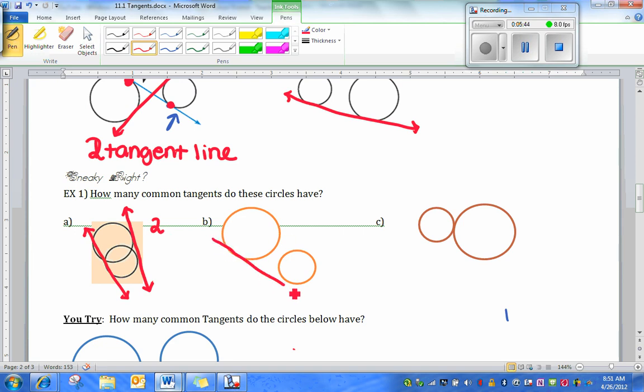I still have the same tangent drawing where I've got a tangent line up here and then a tangent line up here. But there are actually two more. They've got one that goes like this, and they've also got one that cuts like this. So these two spaced apart circles actually have four common tangent lines.